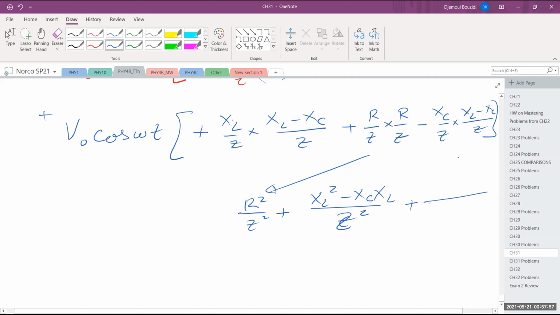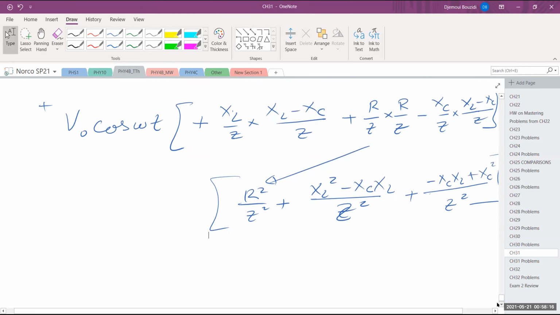again, in here, the common denominator is actually Z squared, that is popping up everywhere. I have XL times XC, that's negative XL times XC. I have a minus times minus, that's plus XC squared. And now that is under the parentheses. The common denominator is clearly Z squared, so I'm going to put it in the denominator.